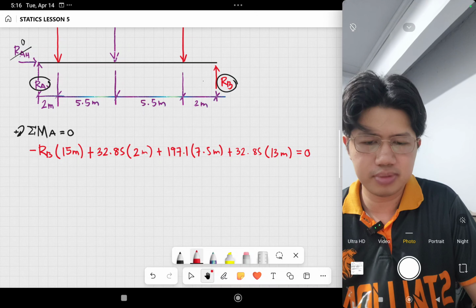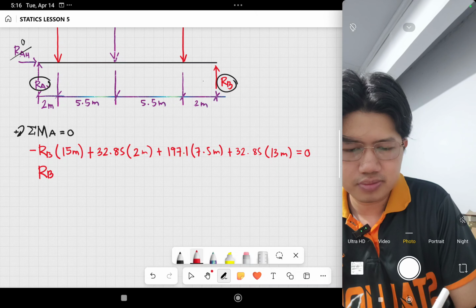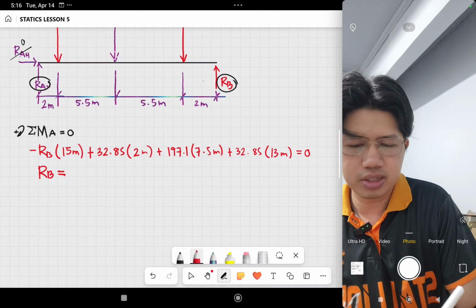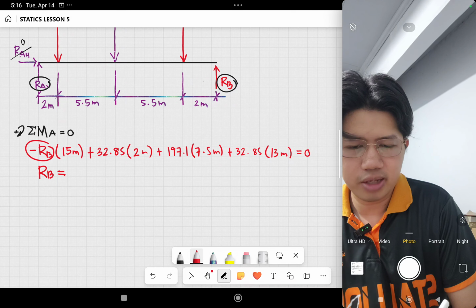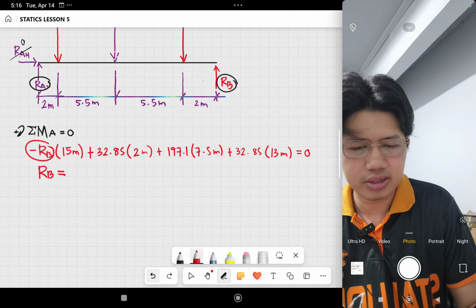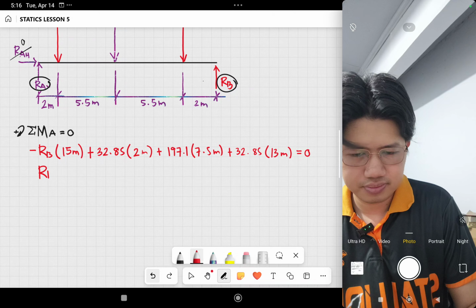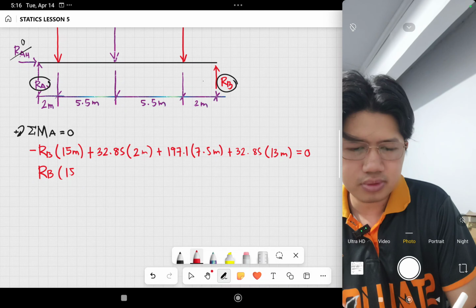So, zoom out a bit. So we transpose RB. Okay, so magiging positive siya if tinranspose natin si RB. And para mawala yung 15 meter na kasama ni RB, we divide both sides of the equation by 15. So ito yung magiging tsura niya.